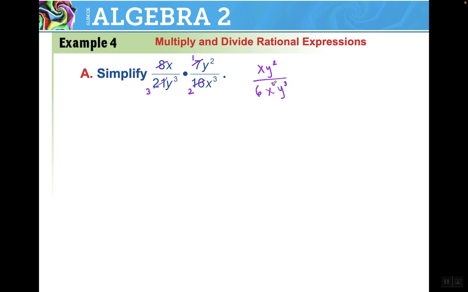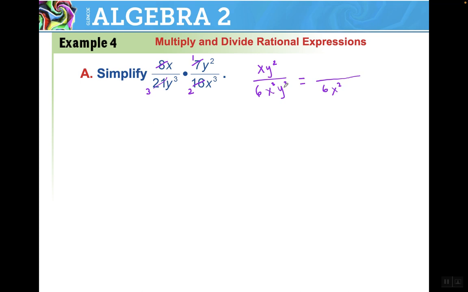But I'm not quite done. I just cross-canceled those numerals, so I can now continue to cancel out the variables. I'm going to have 6 on bottom, so it's like 1/6, and I can take out this x on top, so I'm left with x squared on bottom.